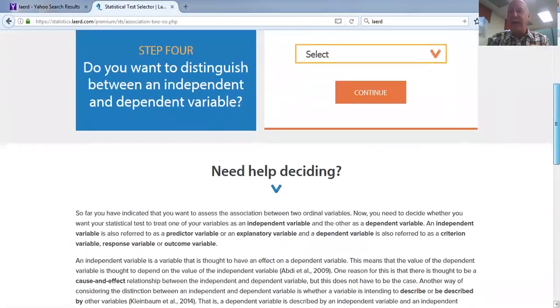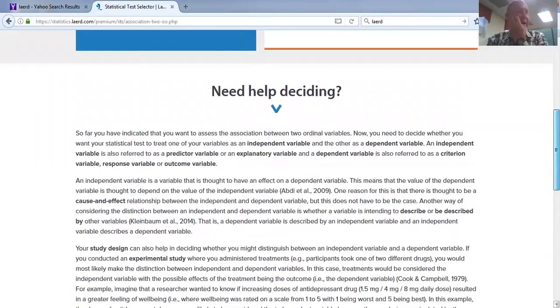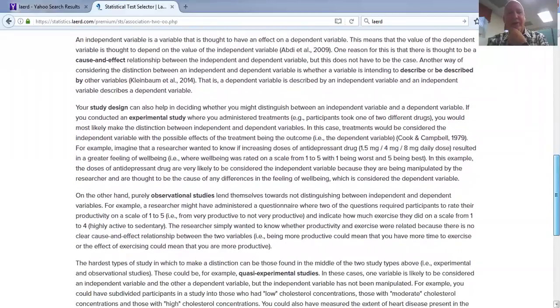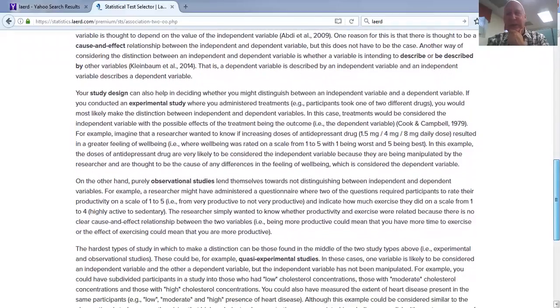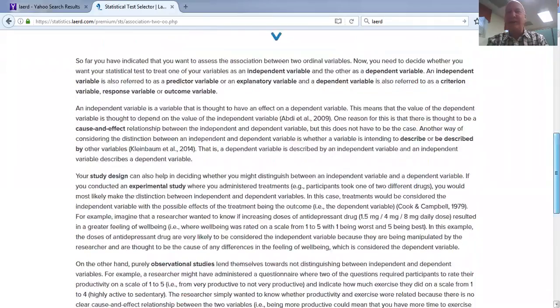So now, are there independent or dependent variables? And again, you're calling the perceptions the dependent variable, but this is not a real experimental design. This is more of an observational study. It's quasi-experimental. It's not truly an experimental design.